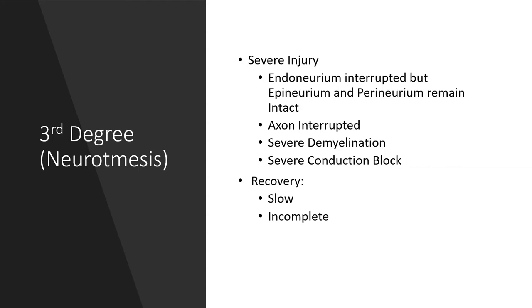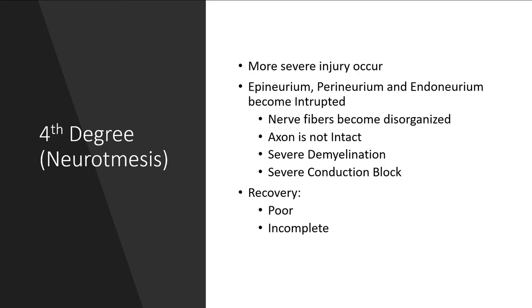The axon is also interrupted, and severe demyelination and severe conduction block will occur, and the recovery is slow and also incomplete. Once a severe injury occurs, you cannot say there will be complete recovery. Maybe we will need some surgery or similar procedures.